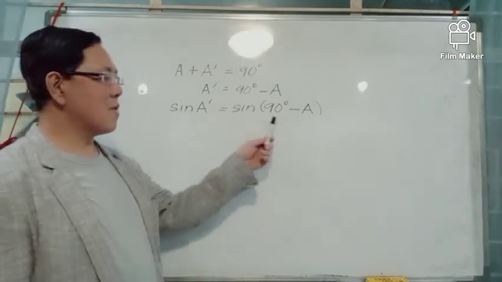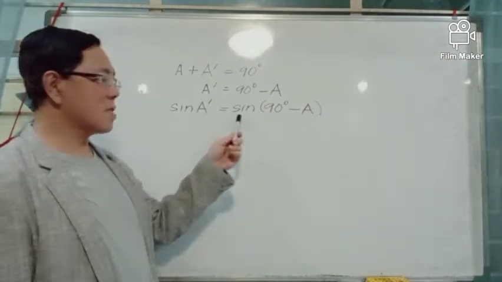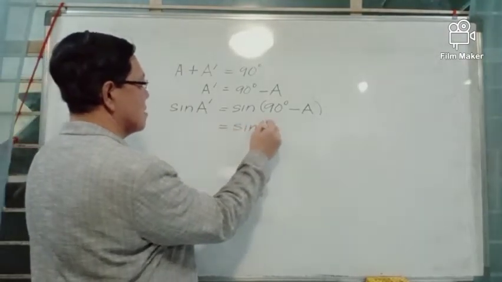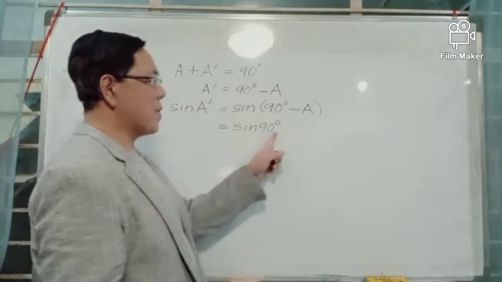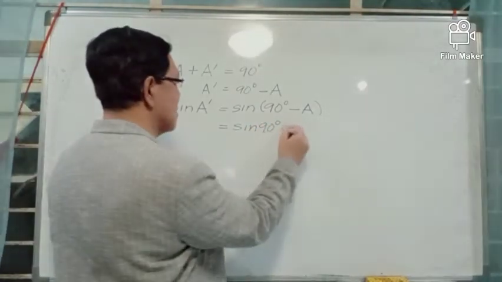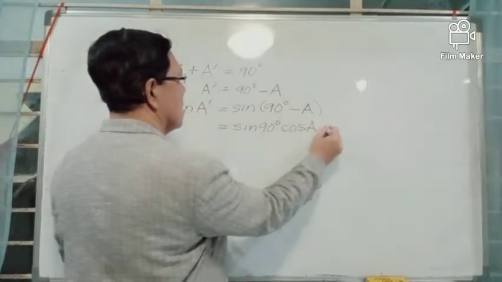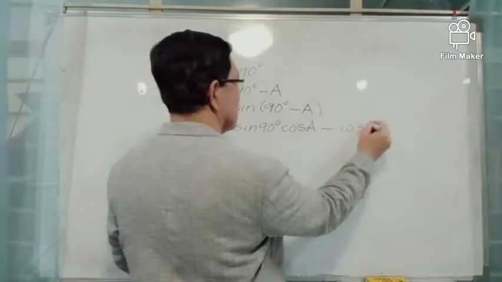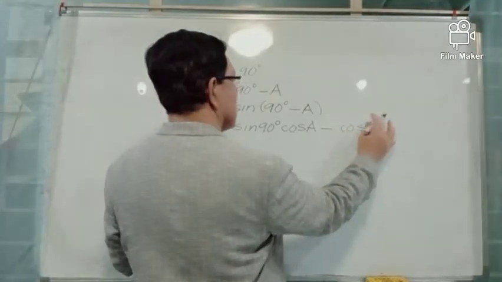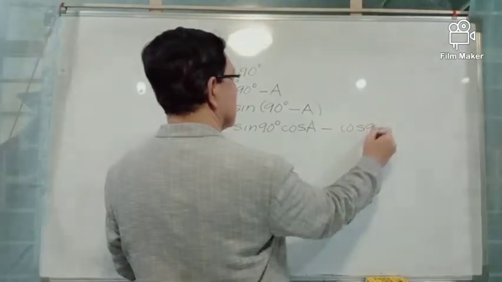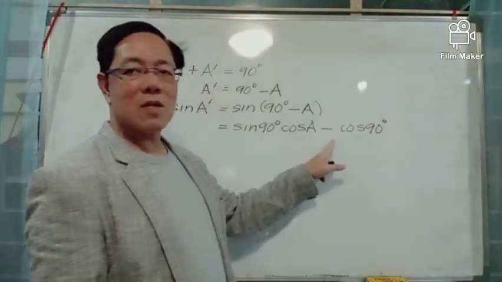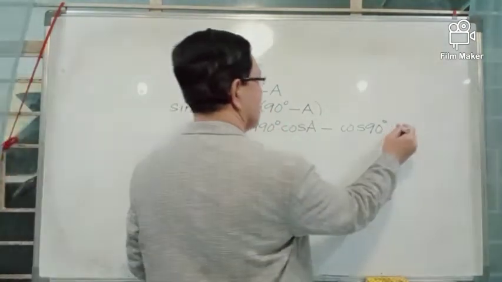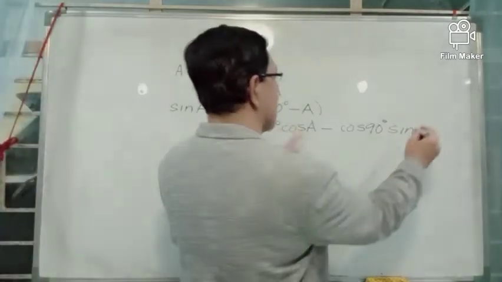The sine of the difference of two angles is equal to the sine of the first angle, the sine of 90 degrees, multiplied by the cosine of the second angle, minus the cosine of the first angle, 90 degrees, multiplied by sine of the second angle A.